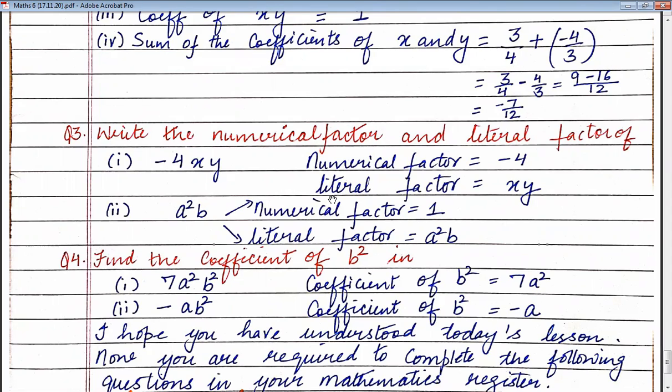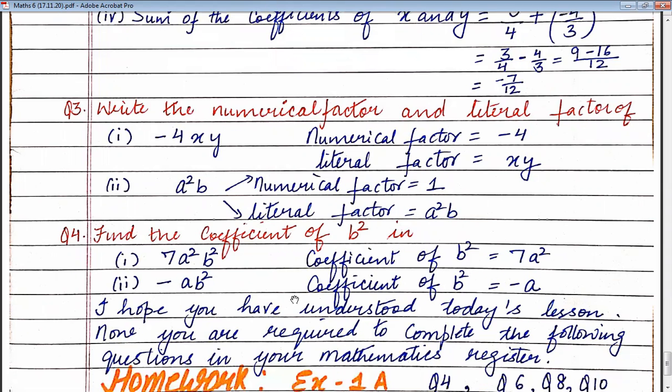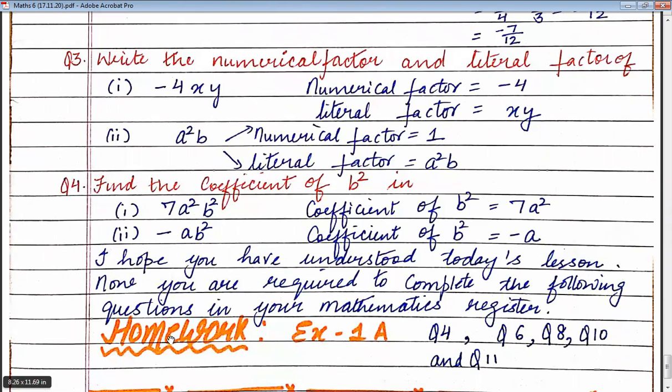So, listen to the video one more time, and after that you are required to complete the following questions in your mathematics register. Your homework is written here, and after that please complete all these questions in your mathematics register.